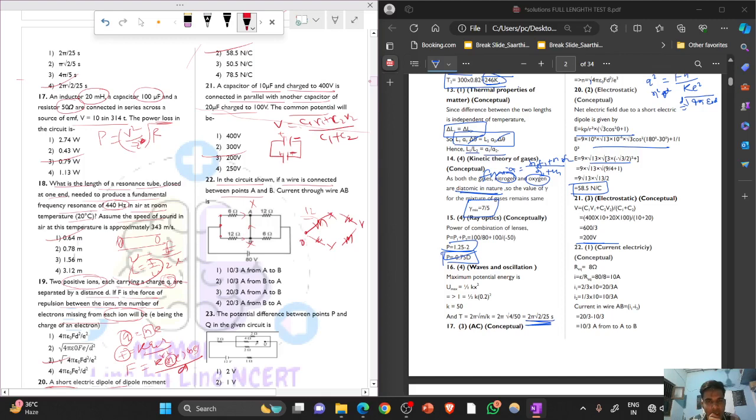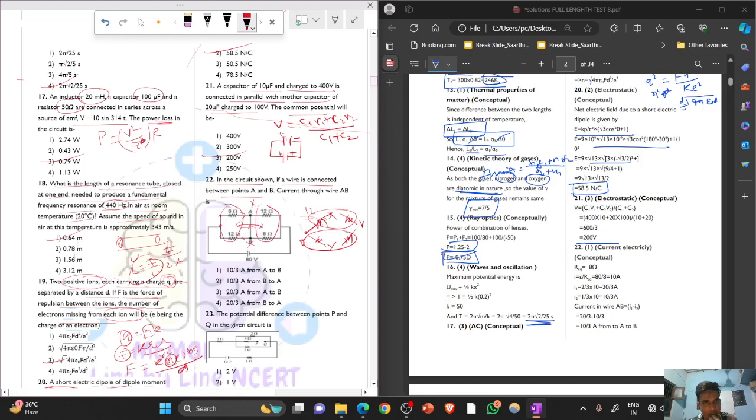So you can understand from here that both these are in series, and both these are in series, and then they are both in parallel. So 6 and 12 in series is 18, and again 6 and 12 is 18, and after solving it out you can calculate the equivalent. Oh wait, sorry, these two are in parallel, and then they are in series.